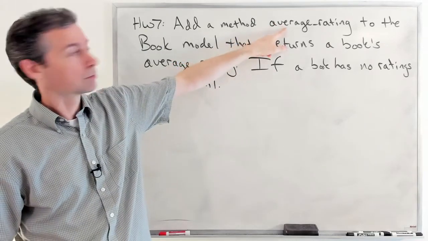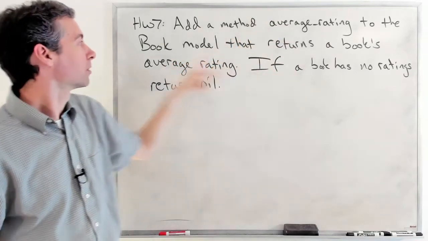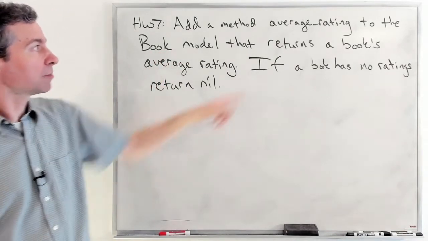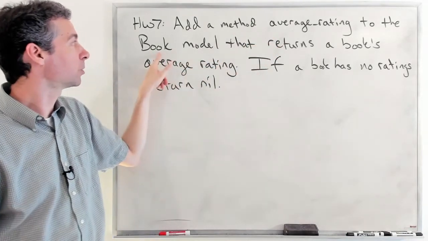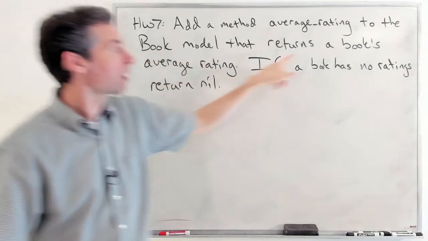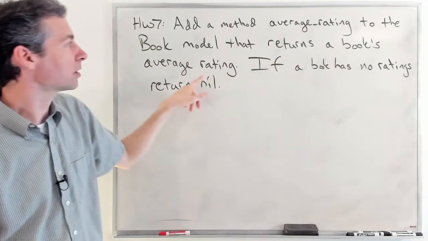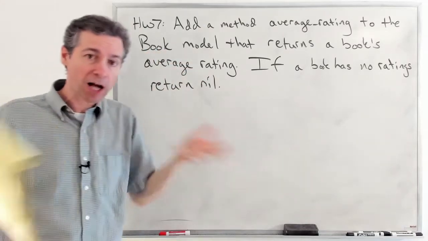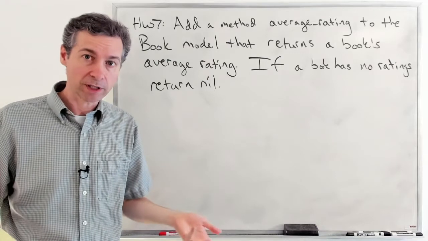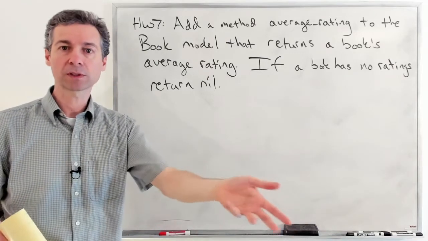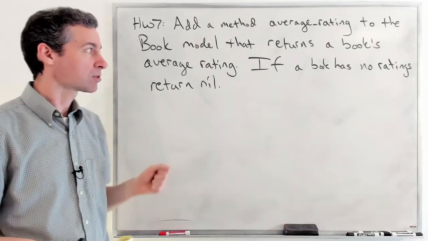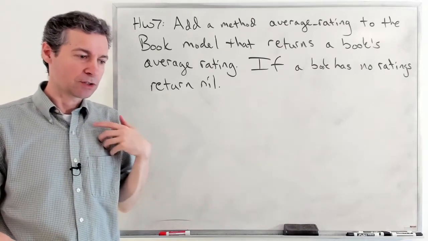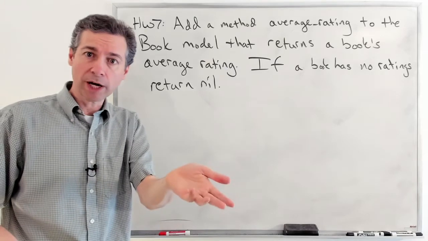Now, we look at this problem, and some things to note, first of all. The name: got to get the name right. Got to put it in the right class. So you've got to name it average rating, and you've got to put it in the book model class. And it returns a book's average rating. In the book model, each object that we create from there is a book, some book that's in our database. So this is a method on the object itself, where you ask the object, what is your average rating?